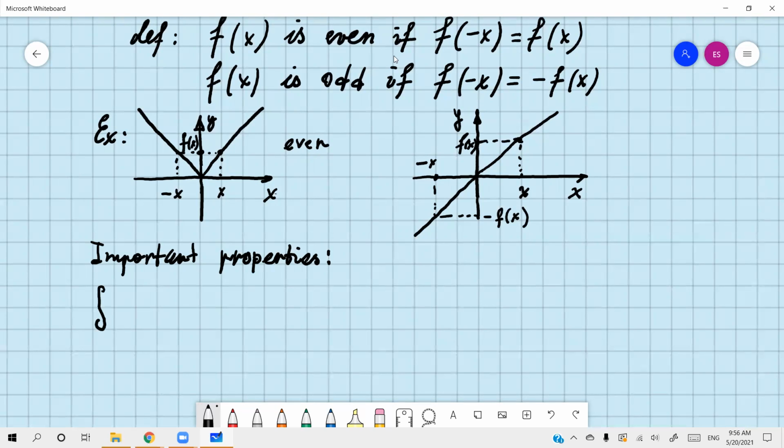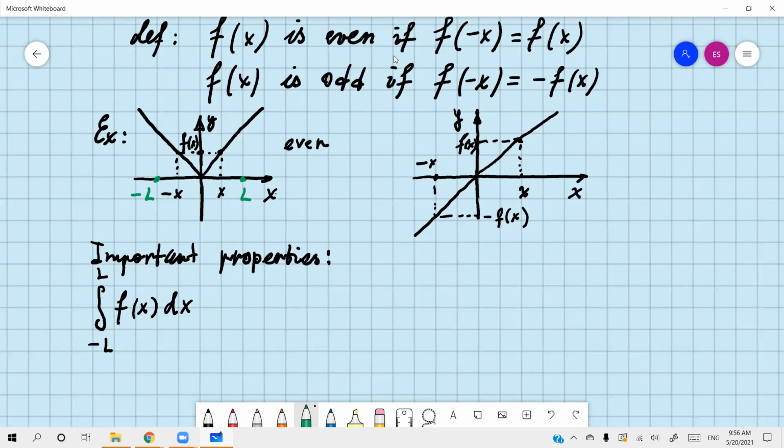I'm going to write down the typical integral from negative L to L of f of x dx. Let's see what is going to happen if the function is even. Let me change the color, for example, to green. My negative L is over here, my L is over here.